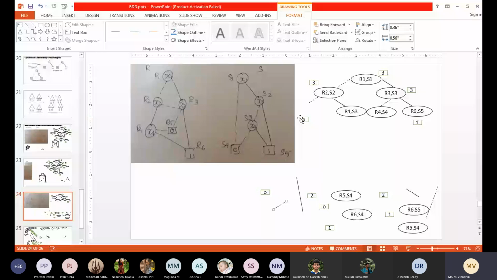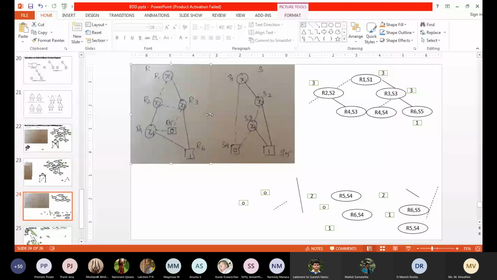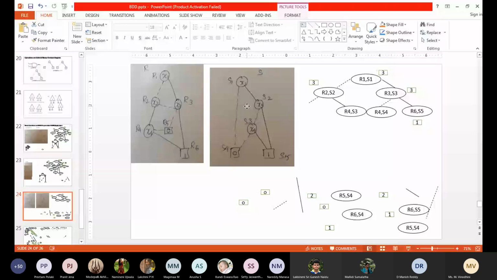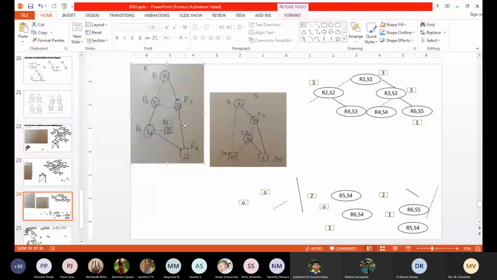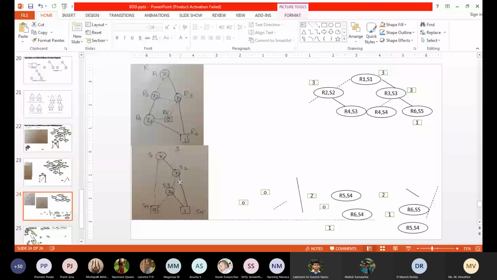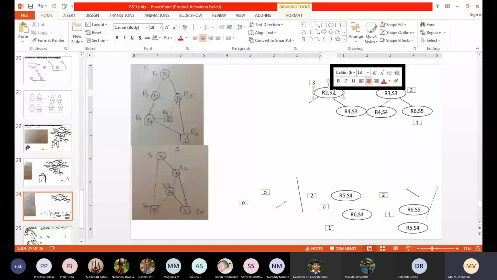I'll bring this down. It's R1, S1. S1 when it is 0 goes to S4.